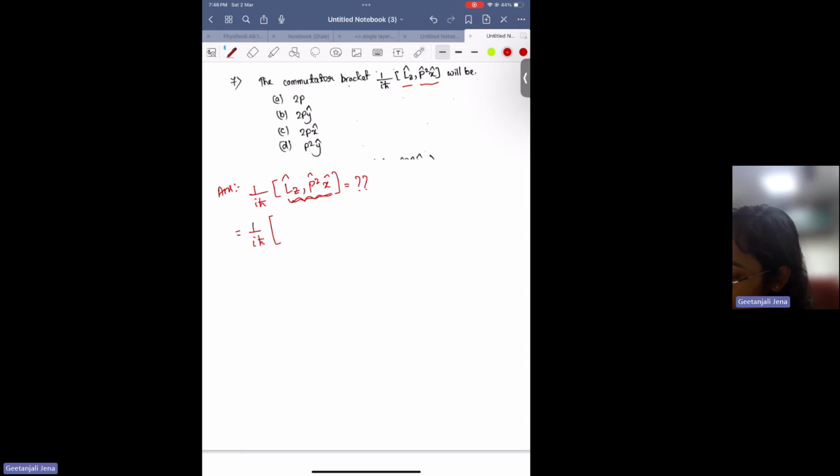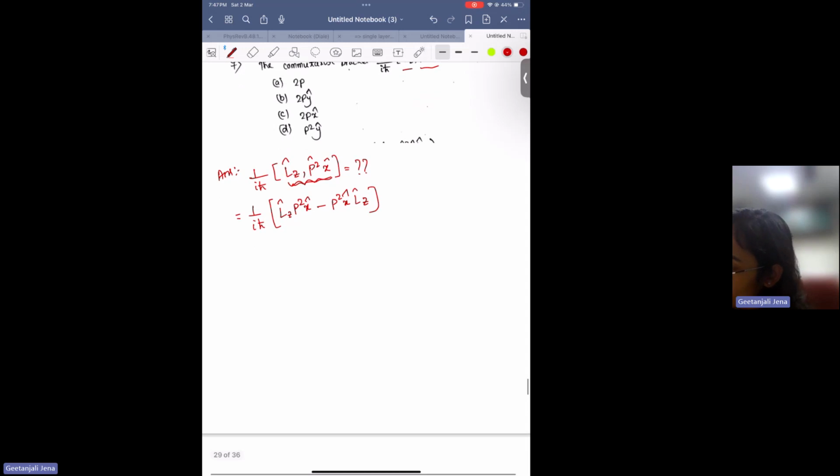So this is Lz Px square minus Px square Lz, right? So what you have to do is write it in terms of commutation relations of two operators.